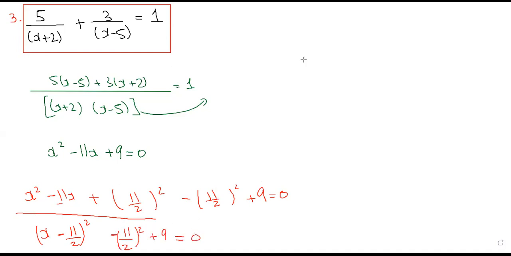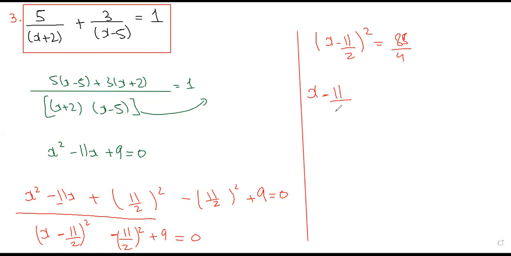I'll take the constant part to the other side, and I am going to get x minus 11 by 2 squared equals 85 by 4. This is what I would get. Now in order to find the value of x, I'll be taking the under root. The first equation would be x minus 11 by 2 equals root 85 by 4, and the second one would be x minus 11 by 2 equals minus root 85 by 4.